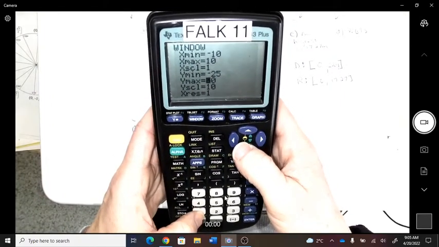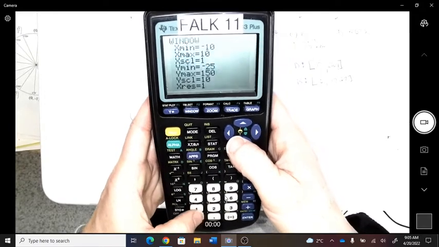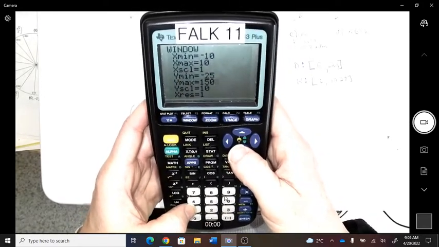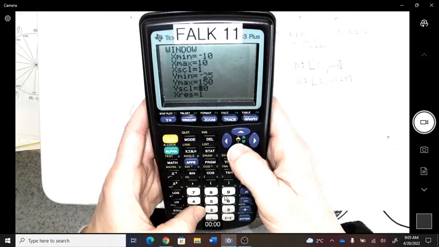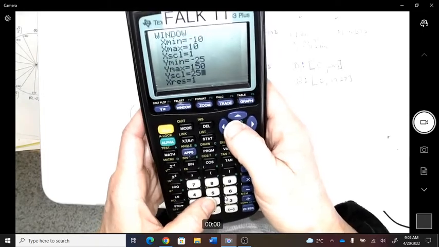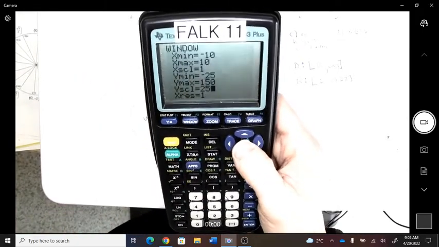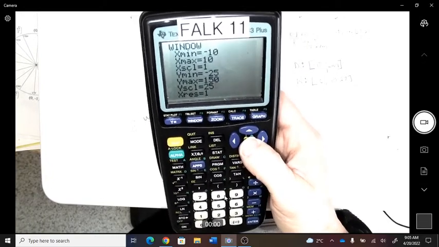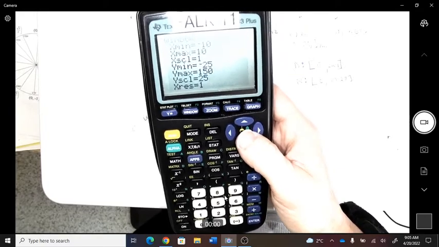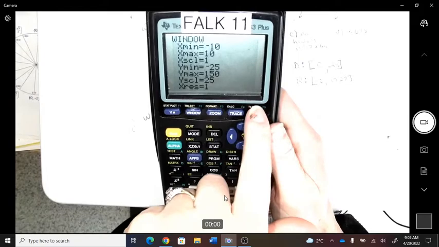I probably am wanting my y max to be 150 or something, just to make sure it gets past 117. So I did the normal x, I just tried negative 10 to 10, and then y is the area, so I went from negative 25 to 150. Okay, and then I did scales of 25, and we'll see.